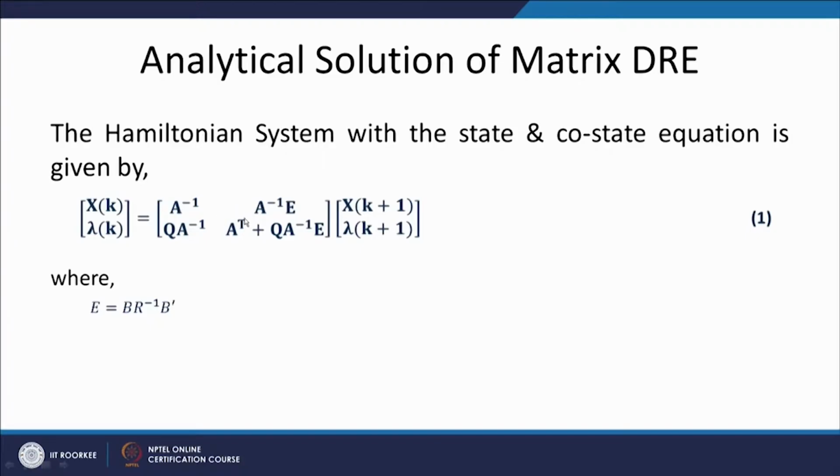So, in this, just for writing purpose, the k has been dropped out, but this is A k inverse E k, this is Q k A inverse k, A transpose of k plus Q k A inverse of k E k, and lambda k plus 1.